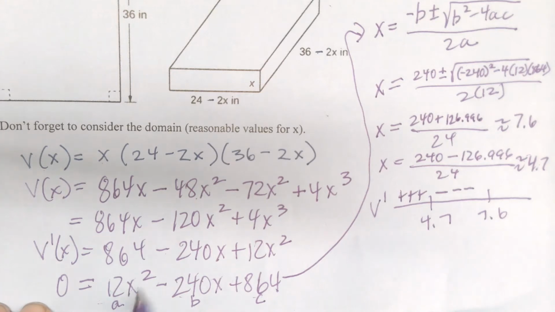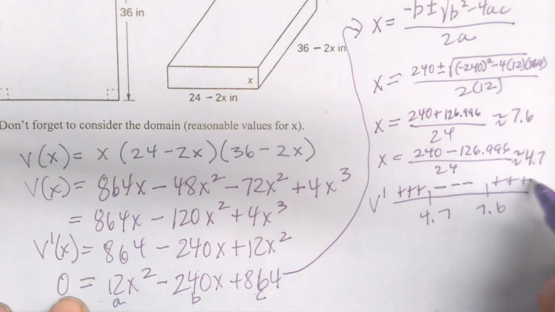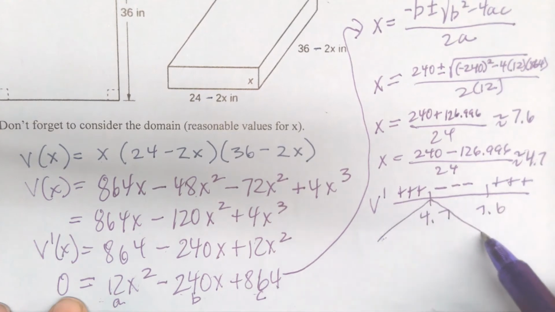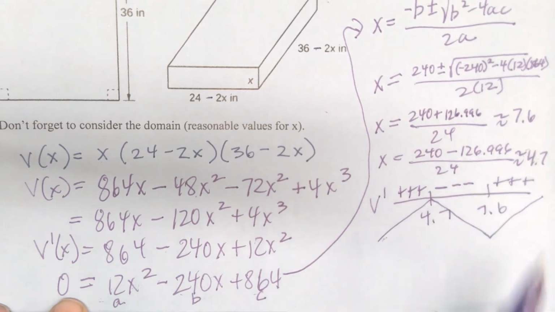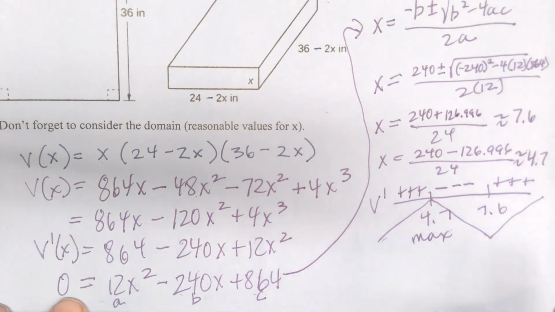Okay, work through, give it a try. You should end up with a positive value, which makes increase, decrease, increase, and we end up with my max being 4.7.